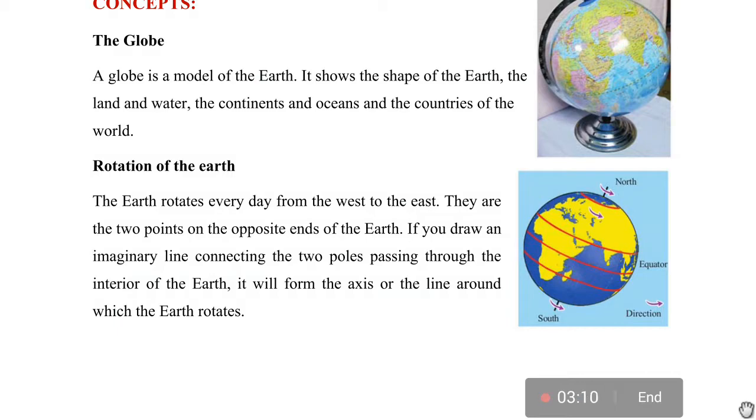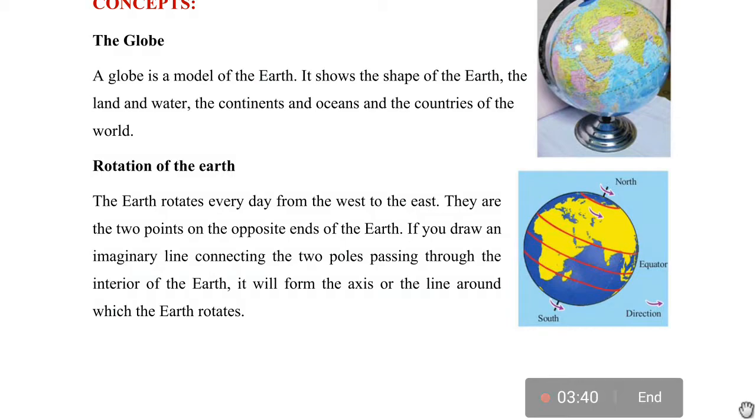See in this picture, there is one line with a north side and a south side, or upper side and lower side. This line is an imaginary line. That line is not actually there on the earth. For our convenience, for our study purpose, we created it as an imaginary line.